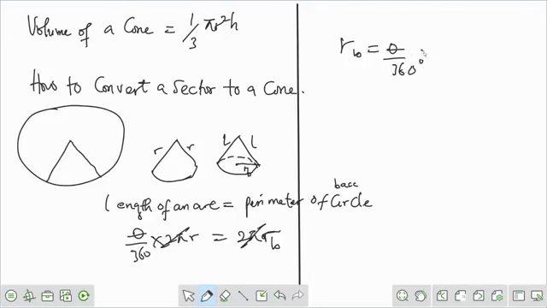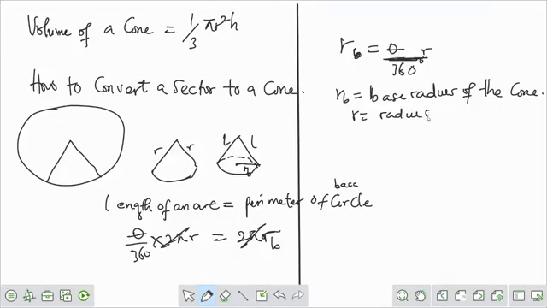r_b equals theta over 360 times r. So that's how to find it. Here r_b is the base radius of the cone, and r is the radius of the sector.